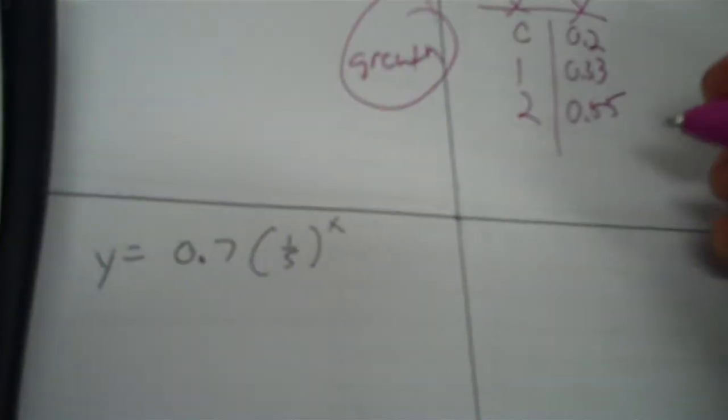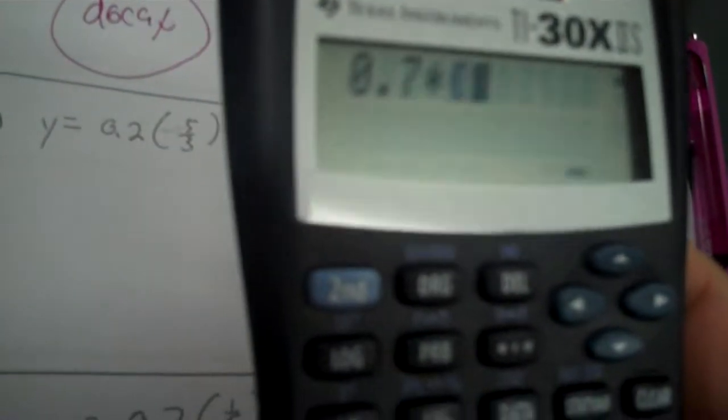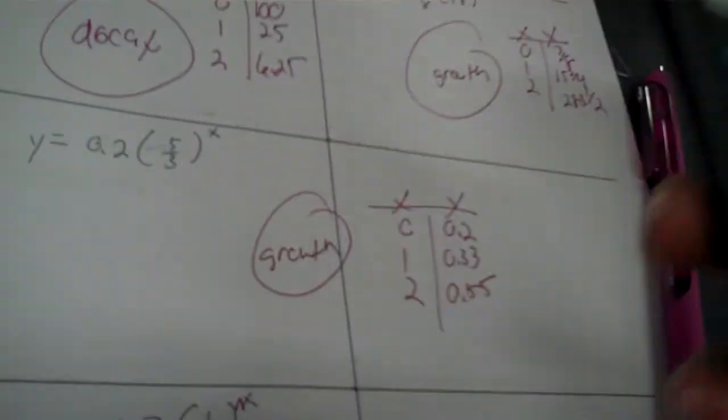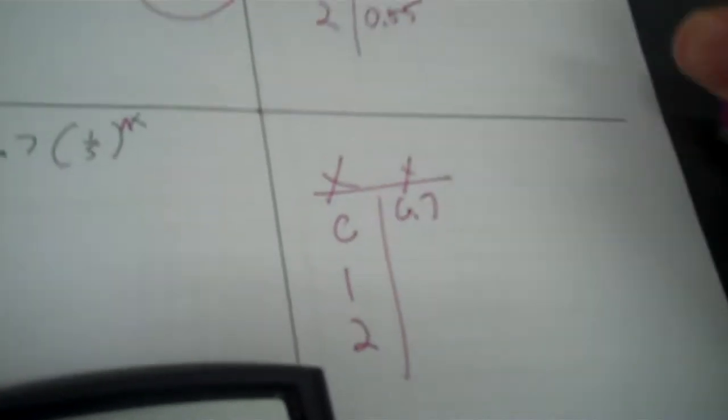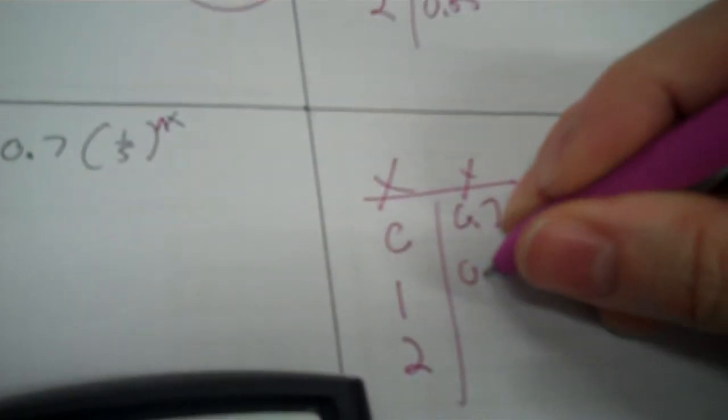So, okay, then the next one, 0, 1, and 2. So we have 0.7 times parentheses 1/5 to the power of 0. Gives me 0.7. Then to the power of 1, 0.14.